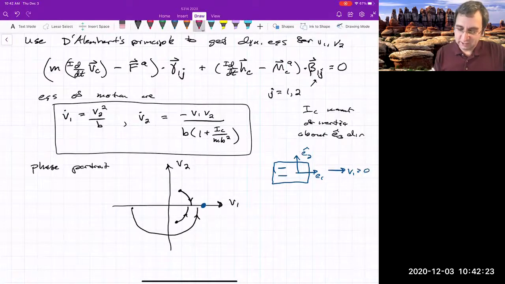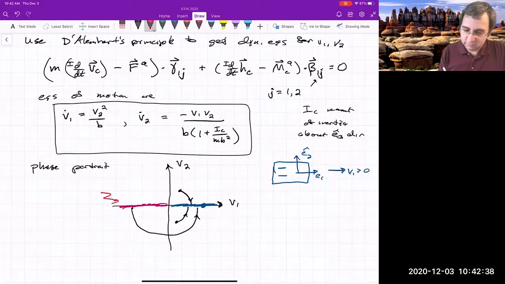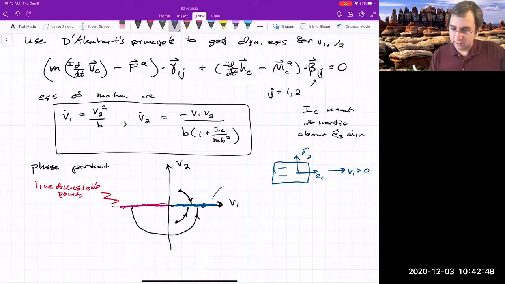So everything on the negative V1 axis is a line of unstable points, and everything on the positive V1 axis is a line of stable points.